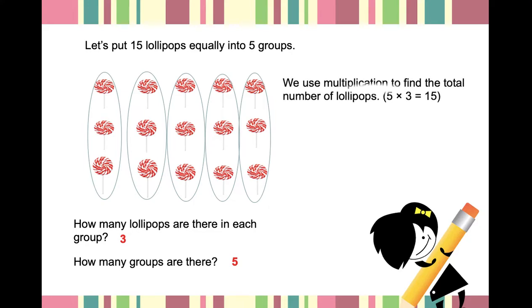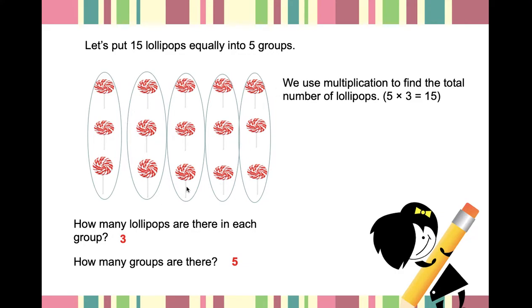Now, we use multiplication to find the total. As we saw in our earlier slide, we use division to divide the number, and we use multiplication to find the total. So we use multiplication to find the total number of lollipops here.